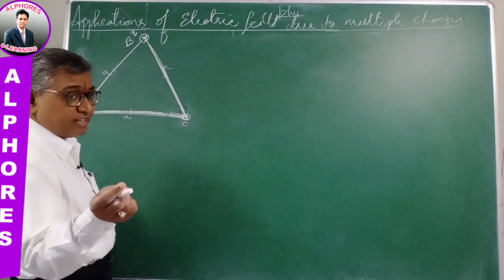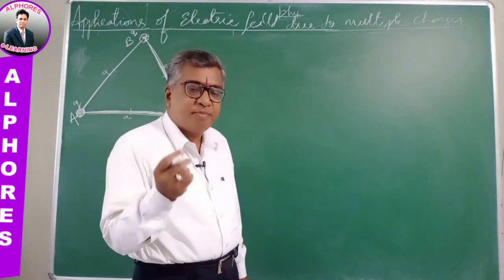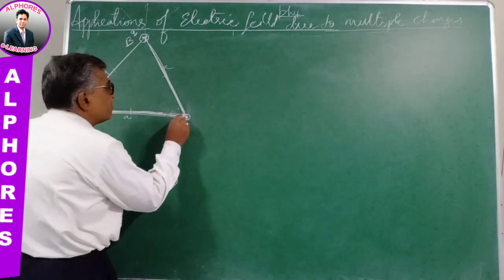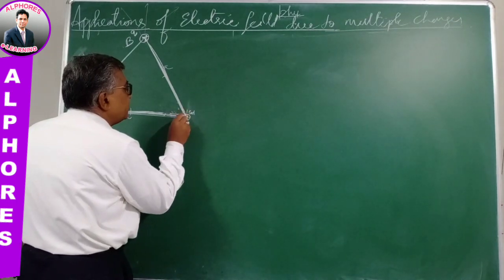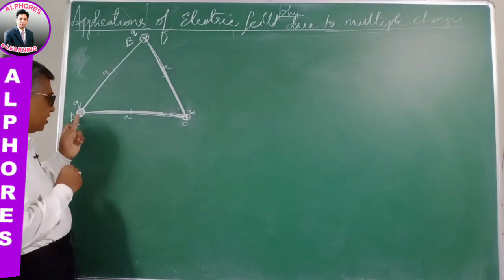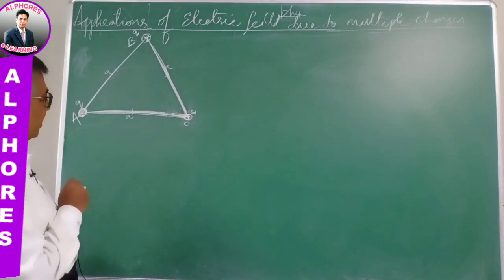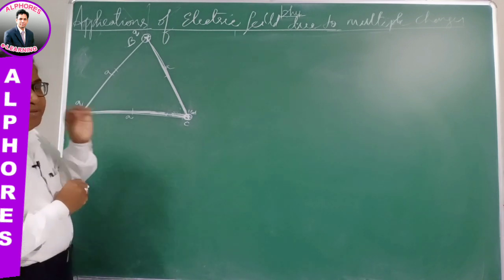Now we know, according to the definition of the electric field intensity, it is the force experienced by a unit positive test charge. So let me imagine a unit positive test charge, 1 coulomb, here. First step, I have to find the field due to the charge at A. Now the charge at point A is a negative charge.